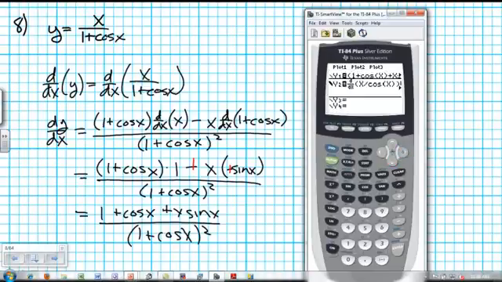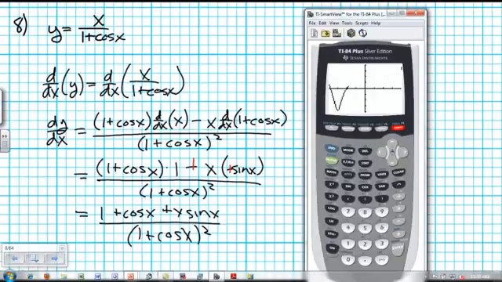In here, we're going to put our original function, which was x divided by 1 plus cosine of x. That looks right. Let's see if it graphs right.